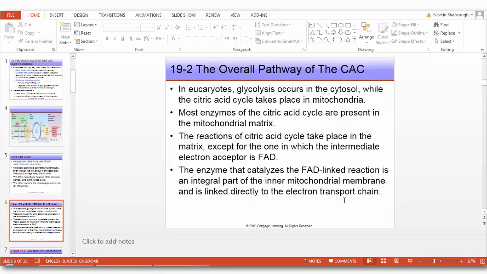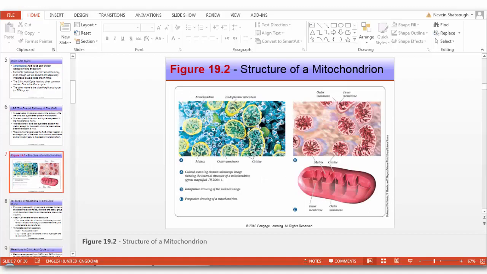Now, the reactions of the cycle take place in the matrix, except for one in which the intermediate electron acceptor is FAD. The enzyme that catalyzes the FAD-linked reaction is an integral part of the inner mitochondrial membrane and is linked directly to the electron transport chain, as we will see later.